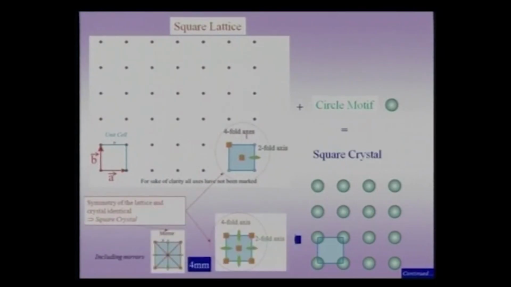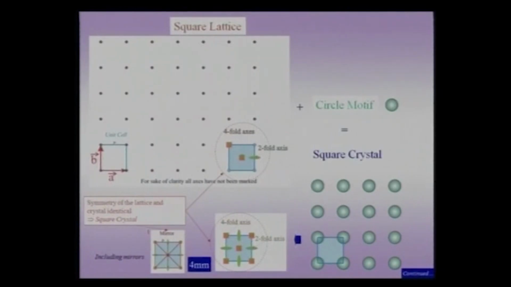Now, let us try to understand why this is a square crystal. If you look at the symmetry of the lattice, and the whole symmetry is overlaid here, it has a symmetry which can be written in shorthand form as 4mm. So, what are these? The 4 stands for the fourfold axis, the m stands for, say for instance, the vertical mirror, and the other m is for the diagonal mirror.